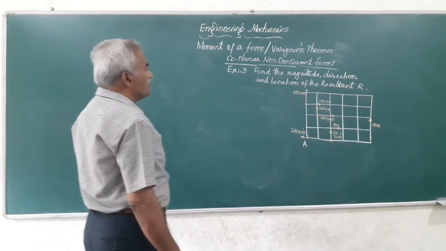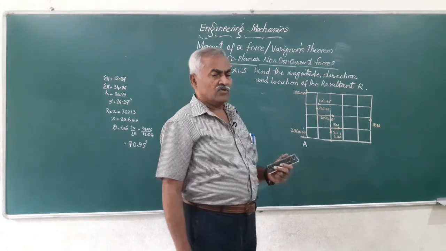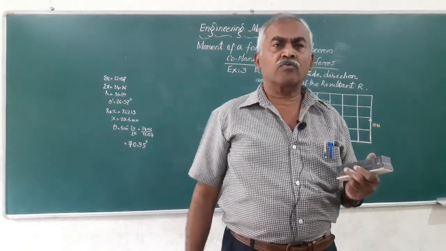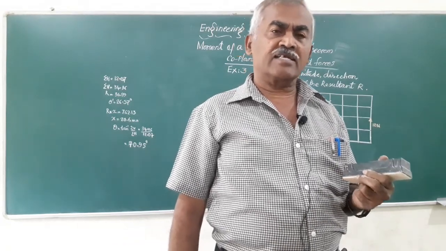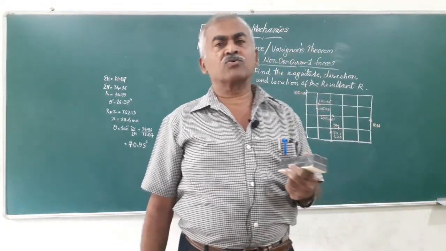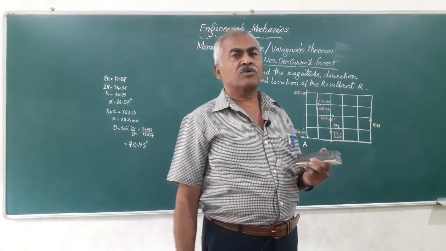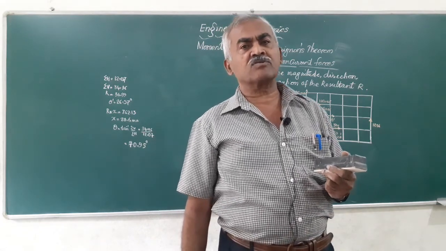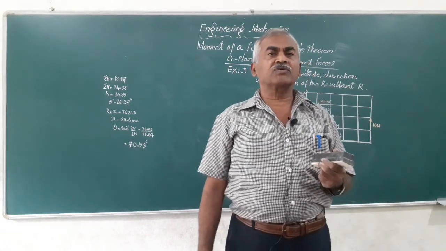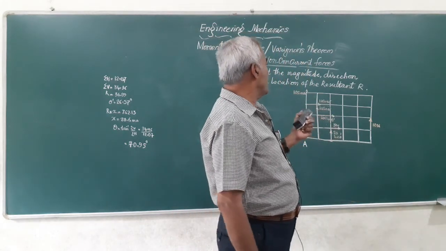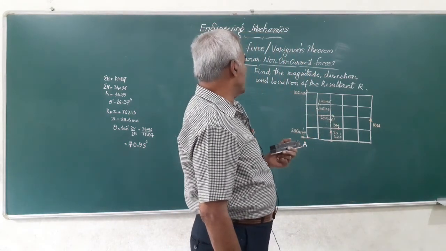The second part is how to find out the inclination or the direction of this resultant. So friends, to find out the direction, we are going to take the moments of all the individual forces and equate that to the moment caused due to the resultant. That is to say, we are going to apply Varignon's theorem to determine the value of this x, the location of that.